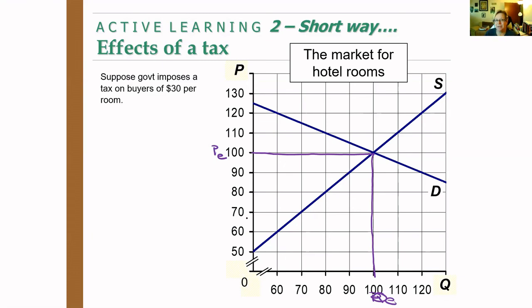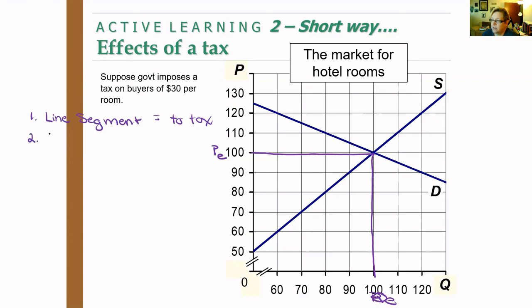Now, for the short way, this is what I want you to do: you take a line segment, and it's hard to do this in this venue, but you're going to take a $30 line segment. Here are our two rules about the short way. The line segment that you're choosing has to be equal to the tax, so I need a $30 line segment here.